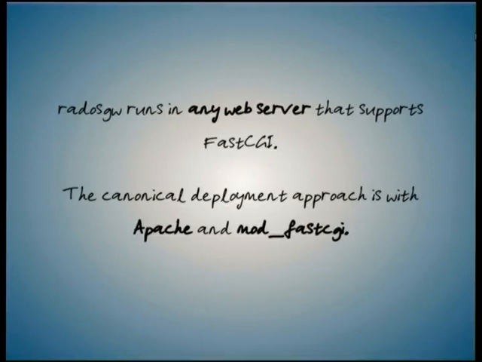So you can run this with Nginx if you choose to. You can run it through Lighttpd. You can, if you're brave/insane, run it through IIS, which I think supports FastCGI kind of sort of. But the canonical way of doing this is, interestingly, with Apache and mod_fastcgi.